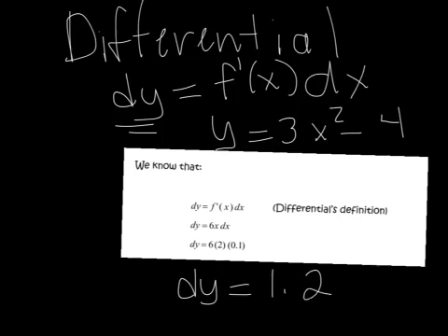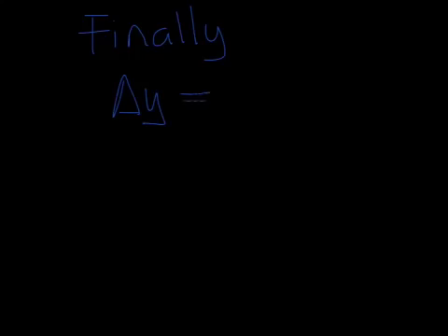And that will be the approximation using the definition of the differential. Finally, we're going to compare the real change with the estimated one. The real change is delta y equals 1.23. And the estimated value for the change of the function is the differential of y, and that value was 1.2.